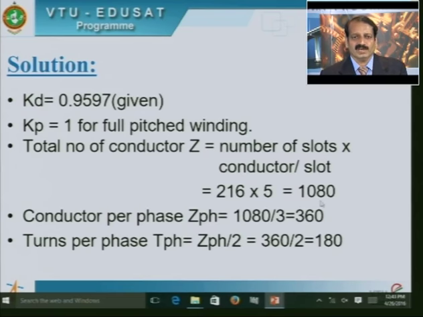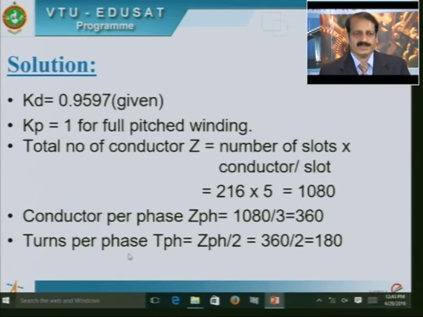So, totally we have 1080 conductors, and conductors per phase is ZPH, which is equal to 1080 divided by 3. Why this 3? Because we have a 3-phase alternator. So, it is to be divided by number of phases. So, we will get ZPH, that is Z phase, as 360.